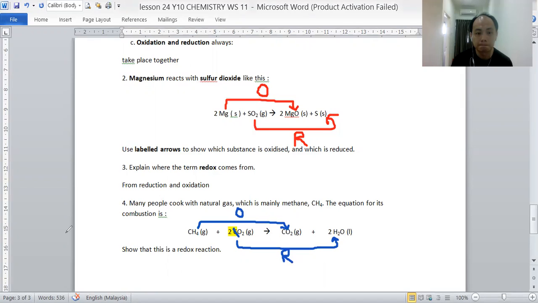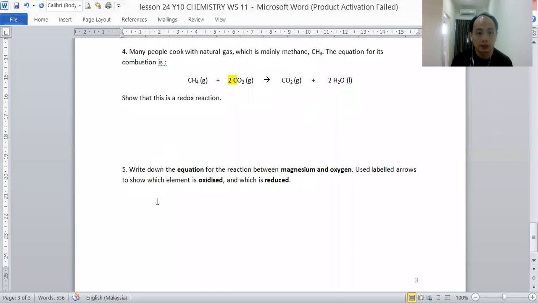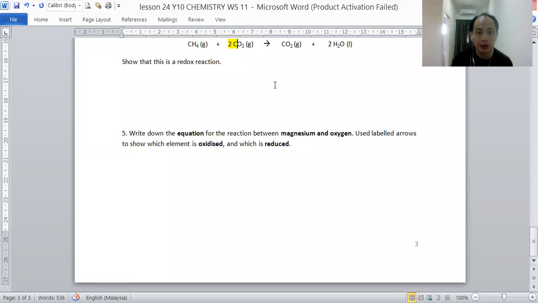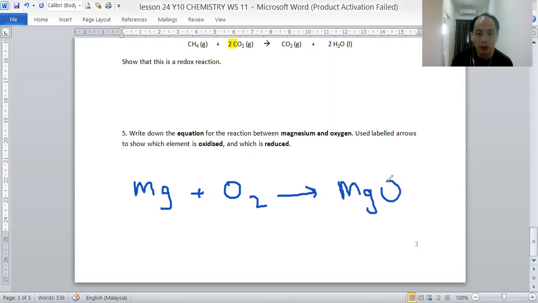Okay. Lastly, this one keeps on repeating using this example. So magnesium plus oxygen produce magnesium oxide. To balance it, 2O here.